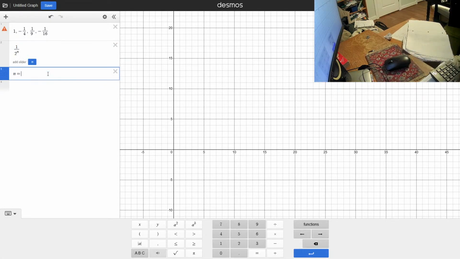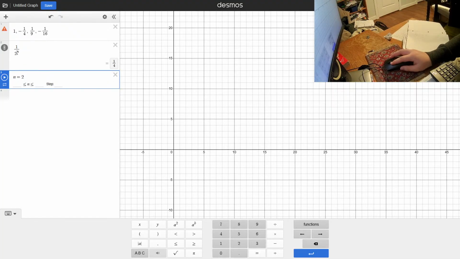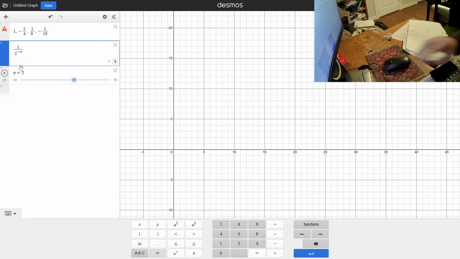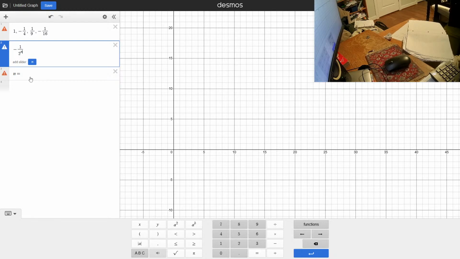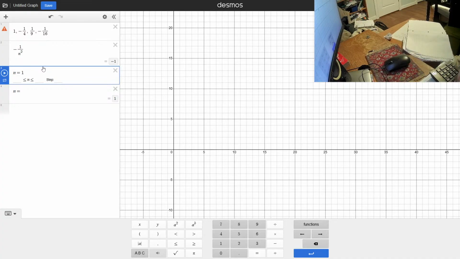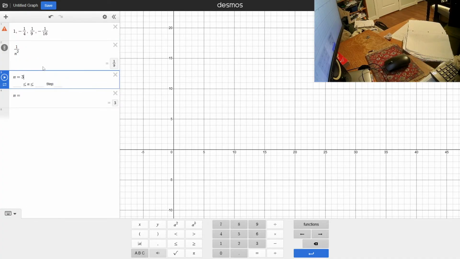Oh, come on! Okay, not quite. It's not quite. Well, how do I make it 1/9? Maybe, oh, is it n squared? Well, now I need to make every other answer negative. Could it be -n squared?